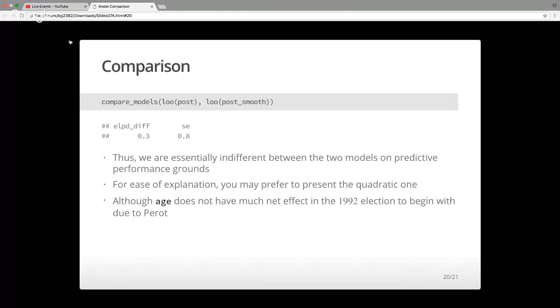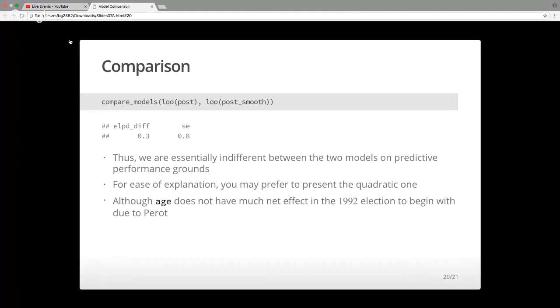We get a difference in the expected log predictive density of 0.3 with a standard error of 0.8. So basically the conclusion of this is you would be essentially indifferent between the two models. They're both expected to predict future data about equally well.